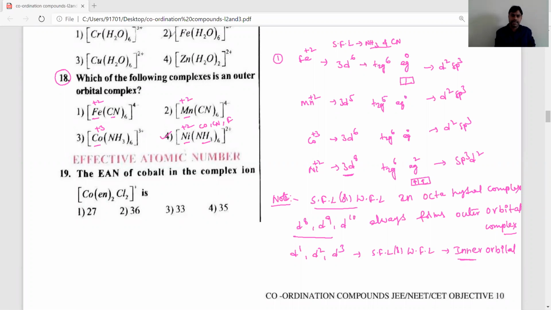Okay, let's see that 19th one, dear students. EAN, effective atomic number, we need to calculate. Now its coordination number: EN is a bidentate ligand.